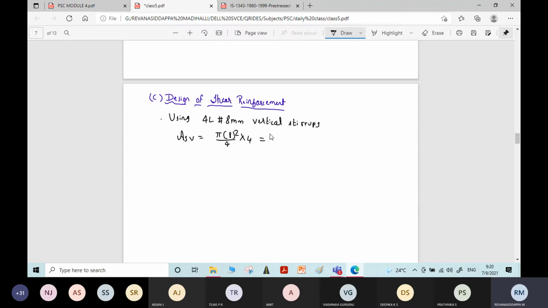What is the area? Tell me the answer, students. Quickly, be quick.